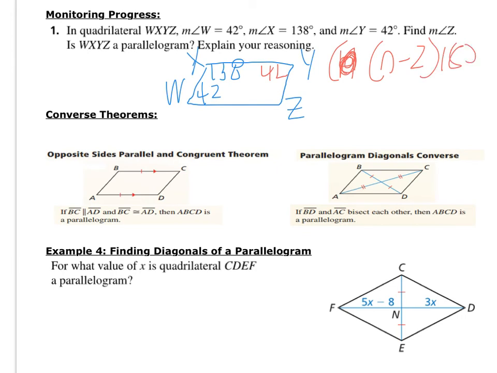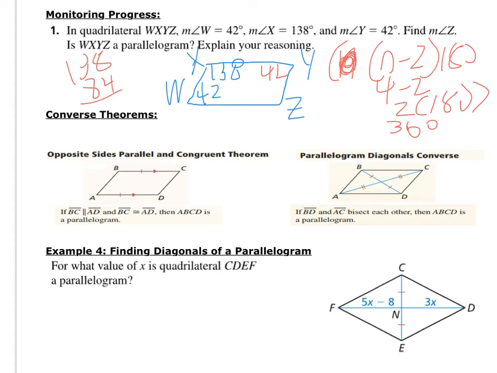Well, we know we have 4 sides. So 4 minus 2 is 2, times 180, and that gives us 360 degrees. Well, we know 3 of our angles, so couldn't we add those up? If we did 42 and 42, that would be 84. And then we still have the 138 left.